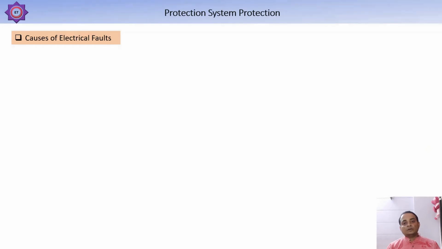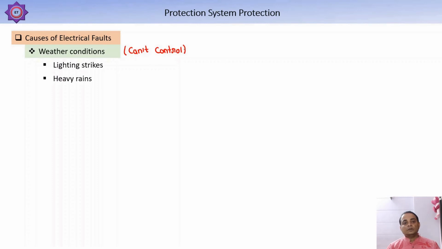Now, if we discuss the causes of electrical faults, it may be weather conditions, which we cannot control. It may be a lightning strike. As a result, the dielectric strength of the insulator gets damaged and a line to ground fault may occur.